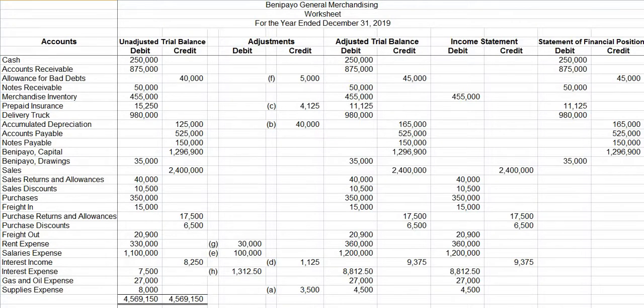After copying all the accounts and figures, you have to get the total of both the debit column and the credit column by adding these figures, not by copying from the unadjusted trial balance.